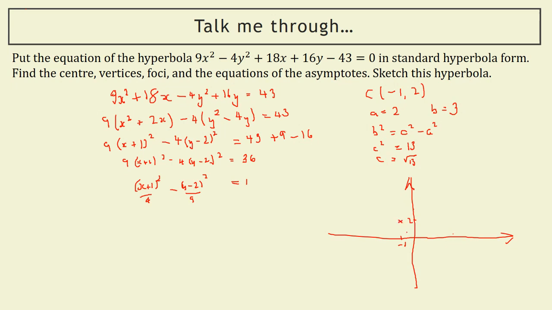Okay, we know it's the usual form. We're going to go this way round. We know then this is our axis of symmetry. This is the axis of the hyperbola, rather. So we know our vertices and our foci are going to be on that line, don't we? Yeah.